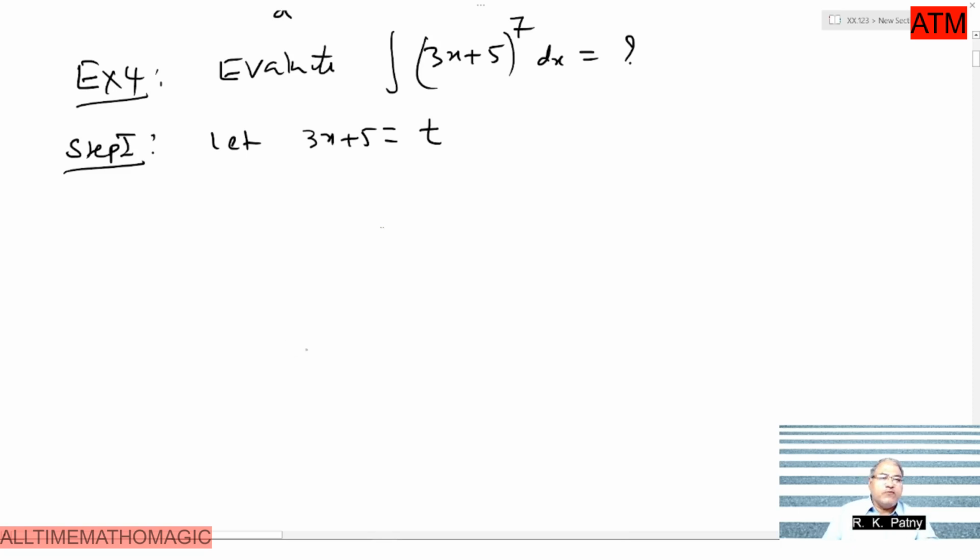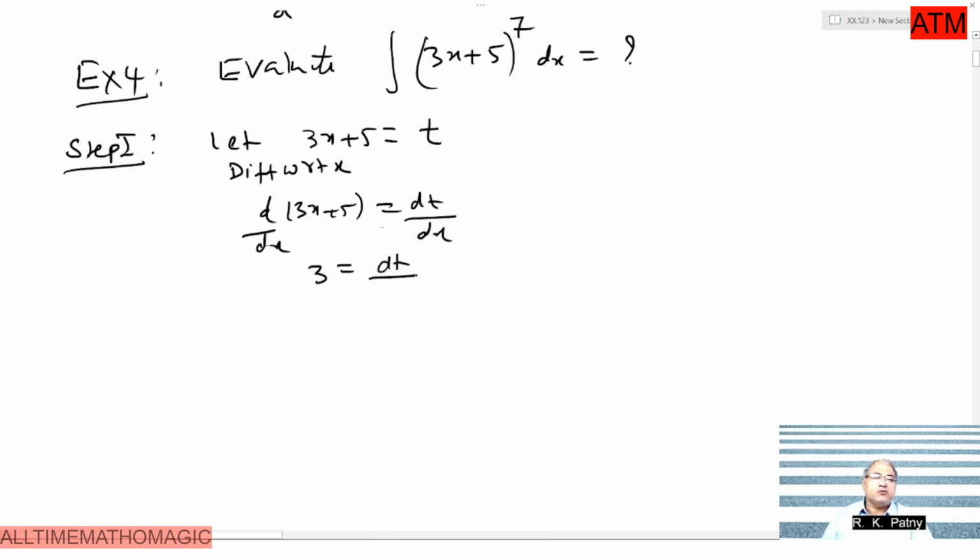Every teacher makes a different substitution. Here I am putting t, your teacher might be putting u or k or something else. So let 3x plus 5 equals t, then differentiating with respect to x, the differentiation of 3x plus 5 with respect to x equals dt by dx. Therefore 3 equals dt by dx, therefore dx equals dt by 3.